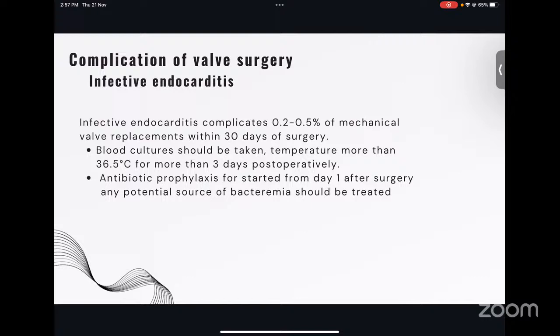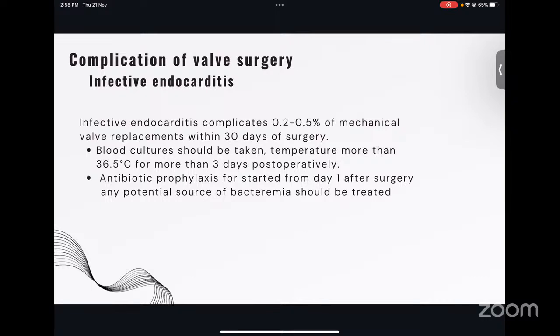Infective endocarditis complicates 0.2 to 0.5% of mechanical valve replacements within 30 days of surgery, and 2% after 5 years. The figure for tissue valves is similar to mechanical valves, but slightly less during the first 30 days.